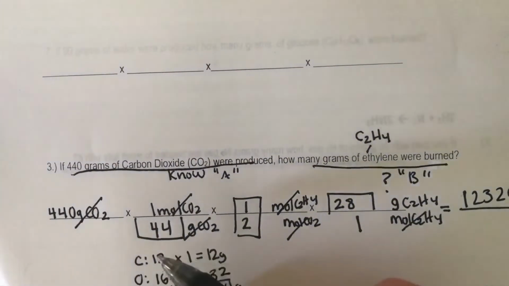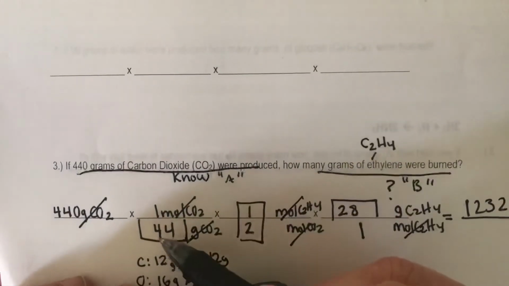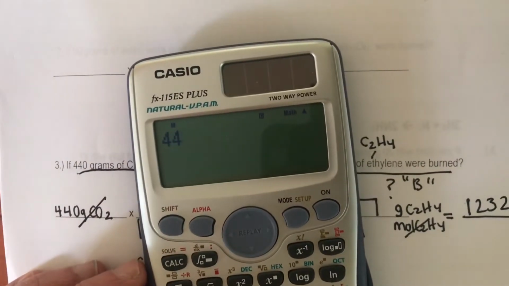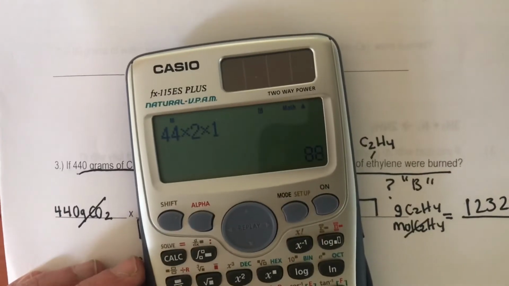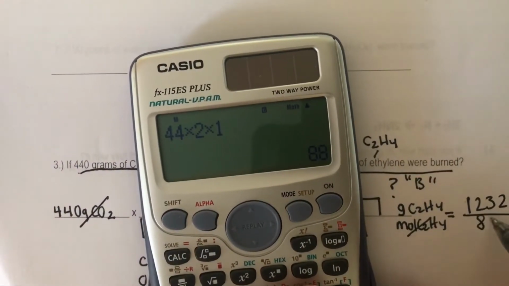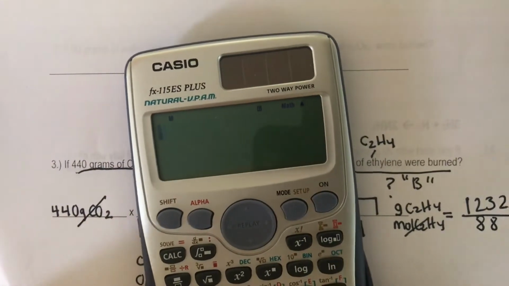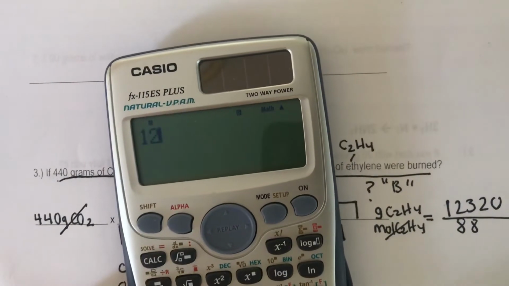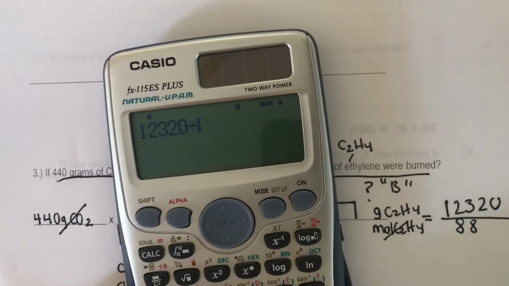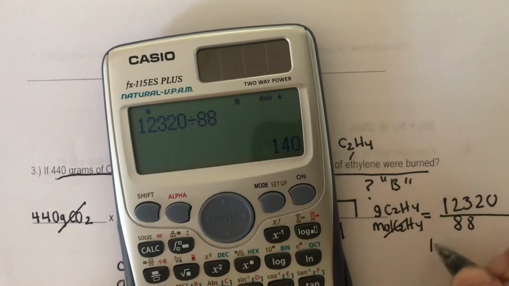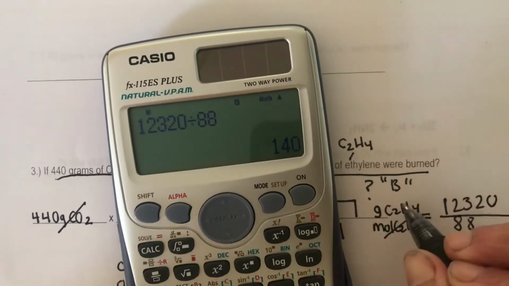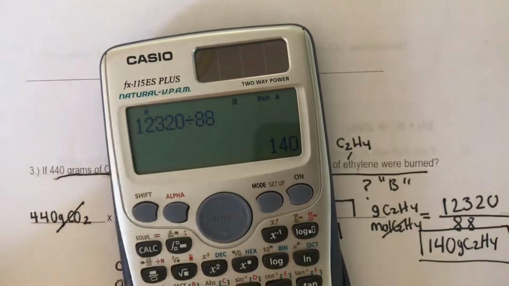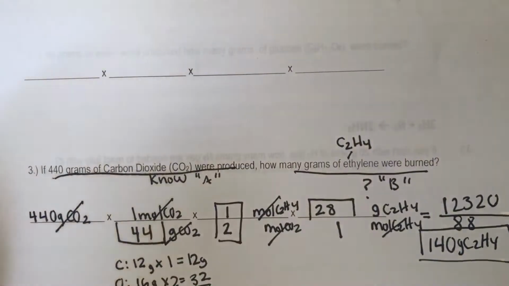Then I'm going to multiply everything that was in my denominator, which is 44 times 2 times 1. That's 88. Okay, so my next step now is to divide 12320 by 88, which is 140 grams, and it should be C2H4.